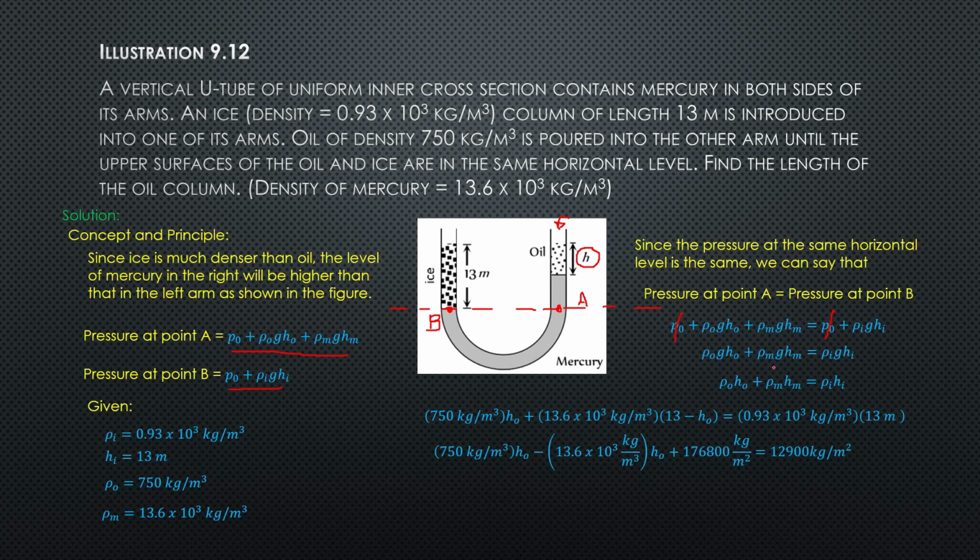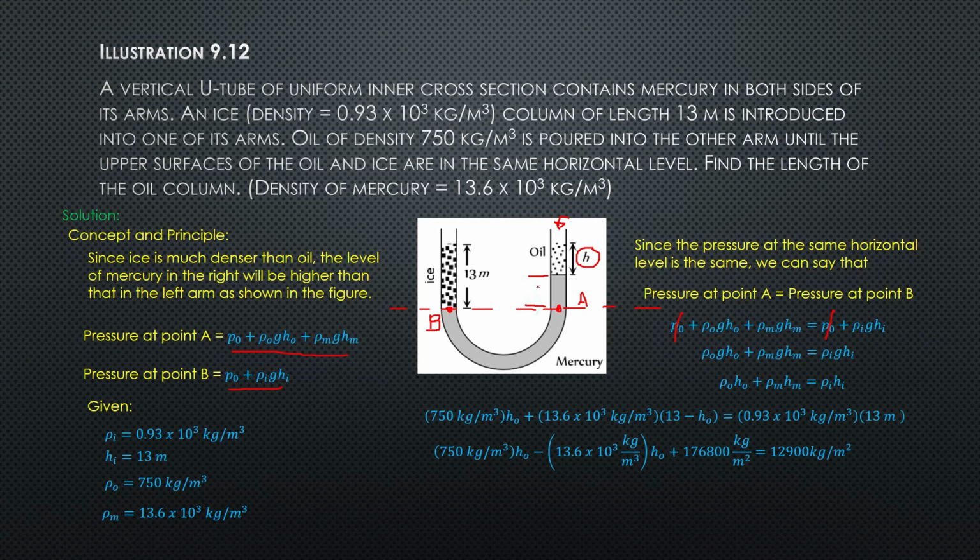Substituting the values, the density of oil is 750 kilograms per cubic meter multiplied by the height of the oil, plus the density of mercury multiplied by the height of the mercury.